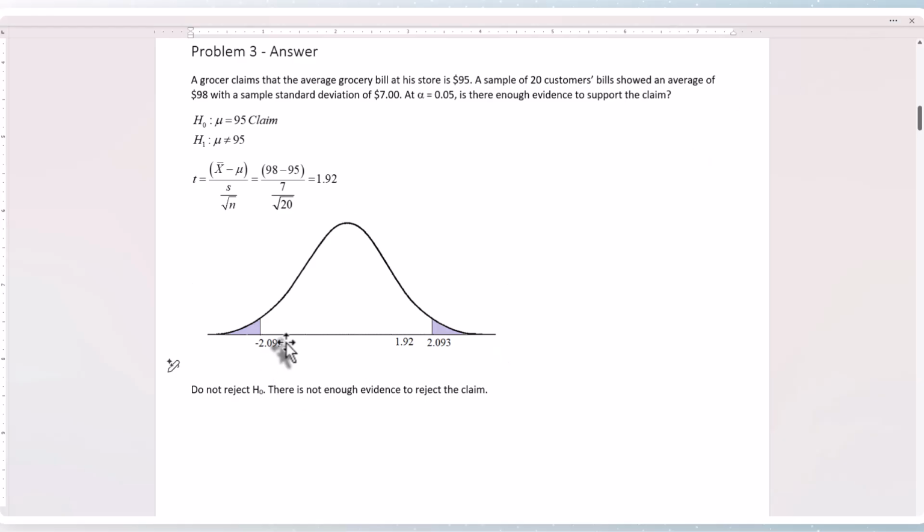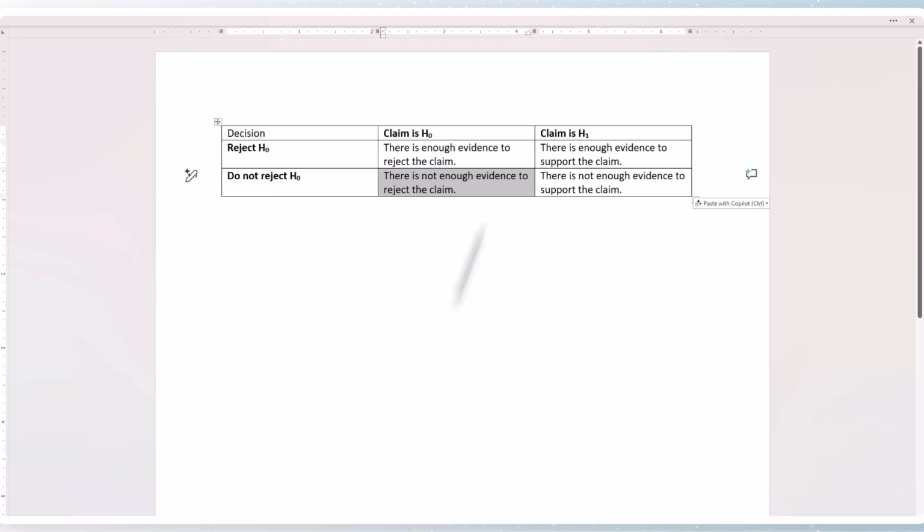Thus, we have two critical values, negative 2.093, positive 2.093. 1.92 falls in the non-critical region. Do not reject H naught. Once again, we summarize the claim is H naught. We do not reject it, so there is not enough evidence to reject the claim.